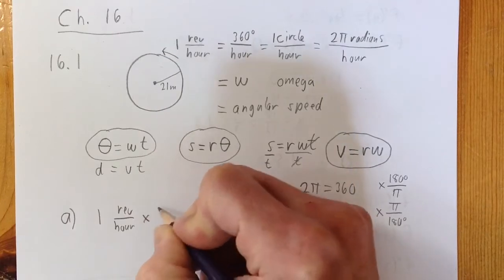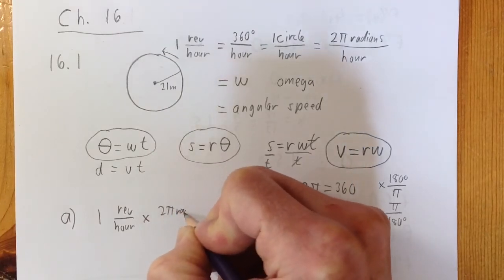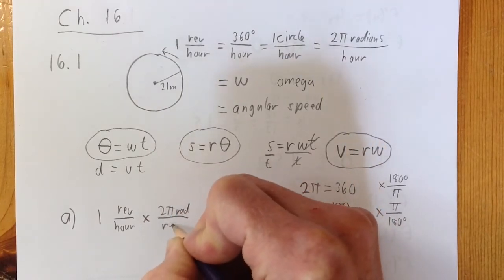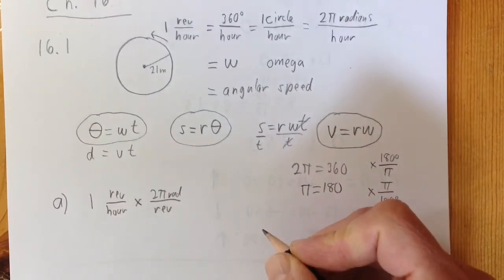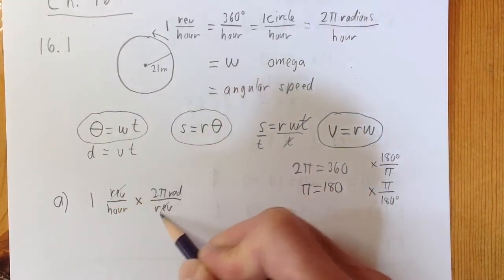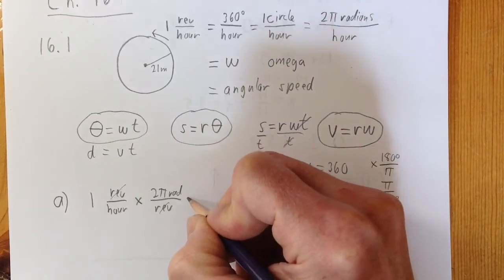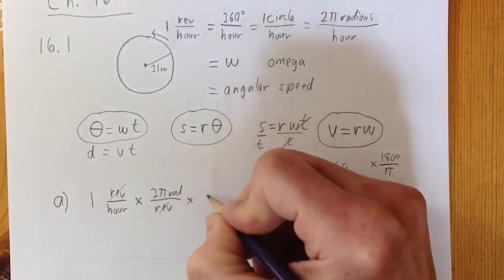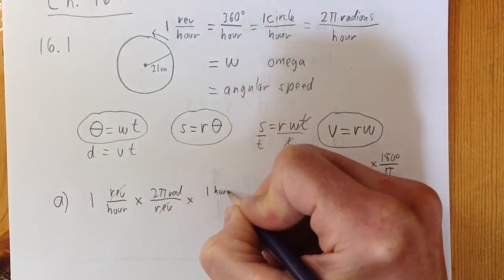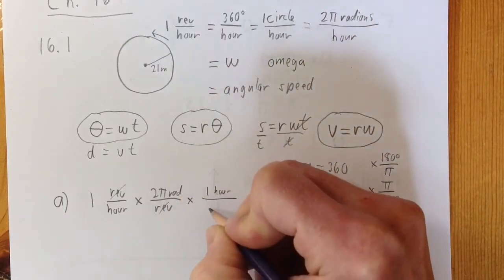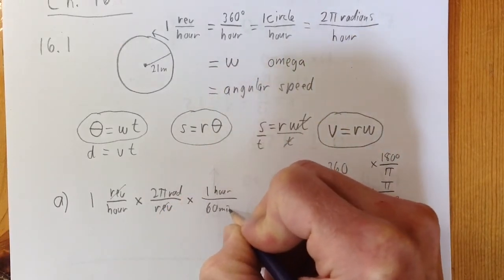So that's times 2 pi radians per revolution. Just using our old unit conversion skills, we know revolutions cancel. Now we want minutes. So in 1 hour, put the hour in the top to cancel out this hour in the bottom, which is the same as 60 minutes.